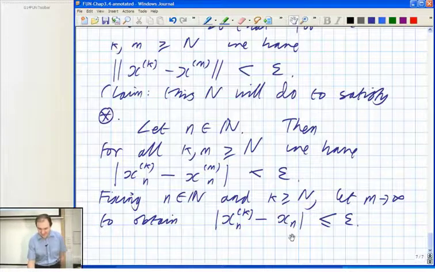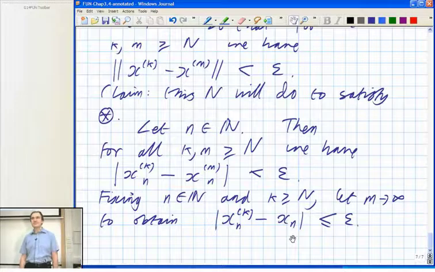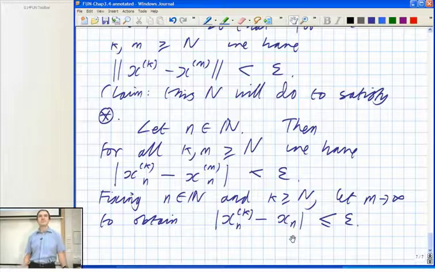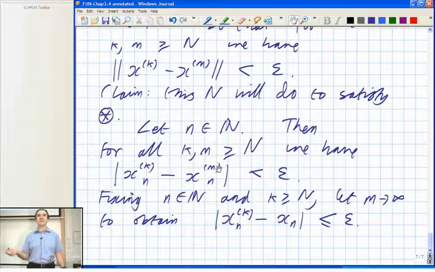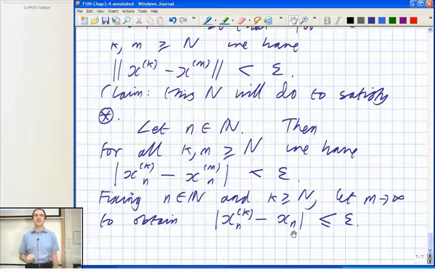How did I get an x_n in there? That's right, we had termwise convergence, and this is one of the terms. This is the nth term, which is fixed at the moment. If you fix n and let m vary, as m tends to infinity, the nth terms will converge to the nth term x_n. That's all we're using.